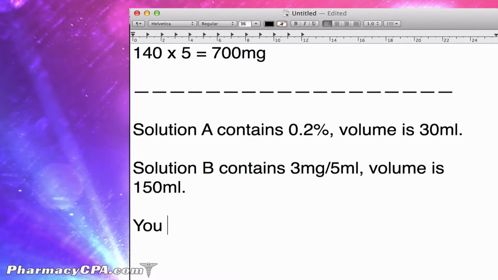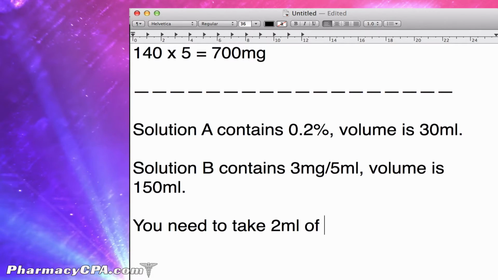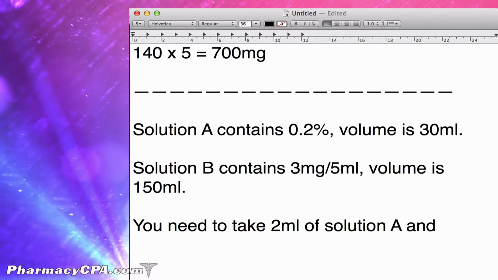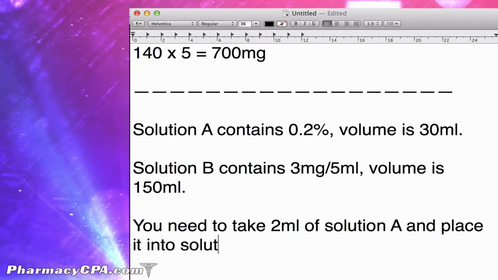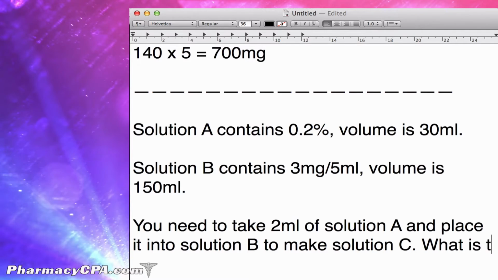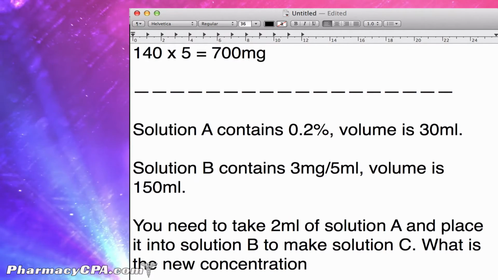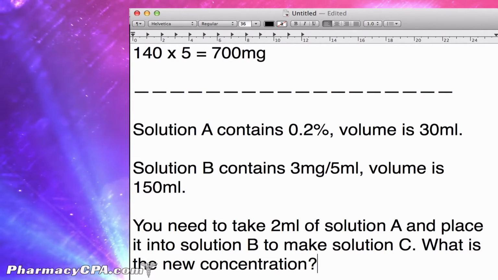You need to take 2 mL of solution A and place it into solution B to make solution C. What is the new concentration? What about that then? Try that. Okay.